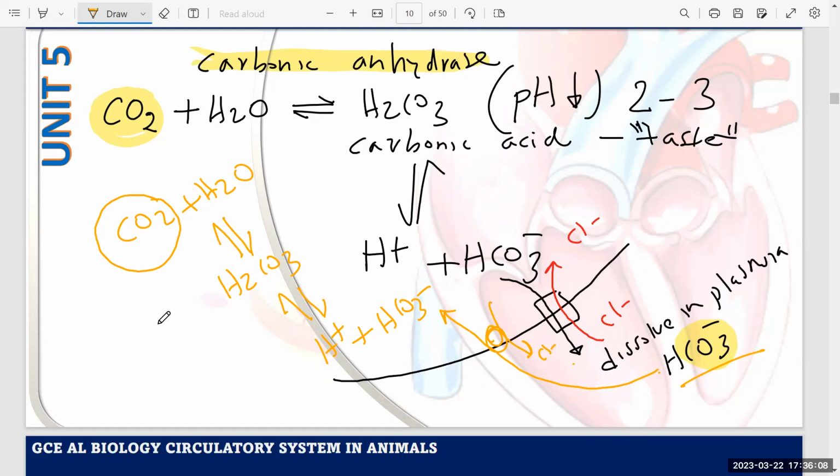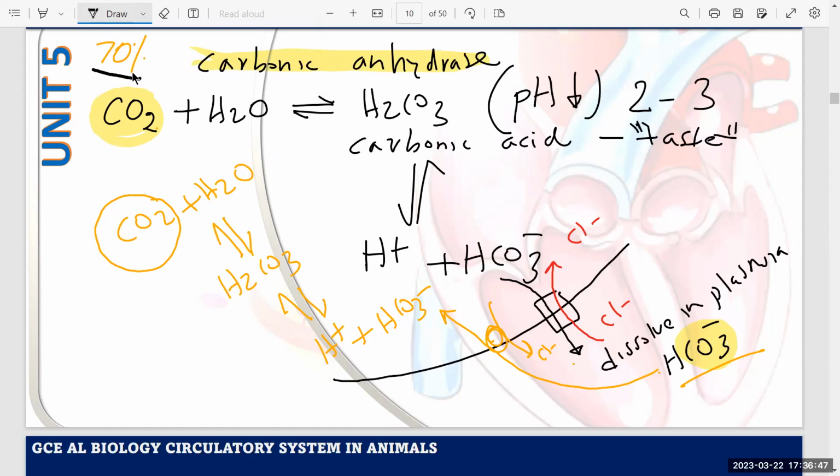In the respiring tissue, gas converts into ion. In the lungs, ion converts back into gas. So this is the chemical reaction that takes place in the red blood cells. So 70% carbon dioxide, this depends, right? 70% depends. Some textbooks use 80%, some 75%, 70% like that. So about 70% is transported in this way.